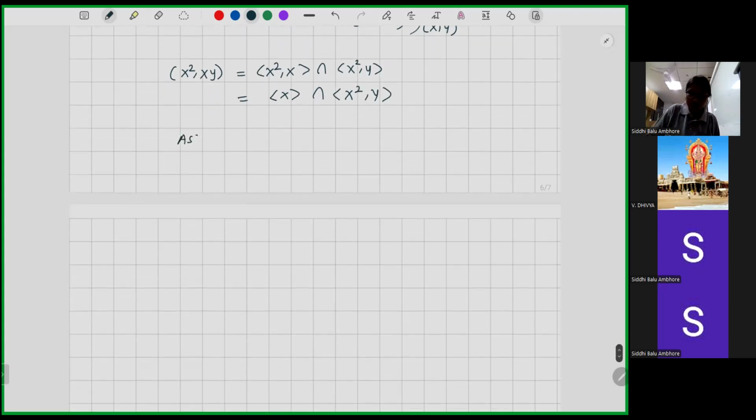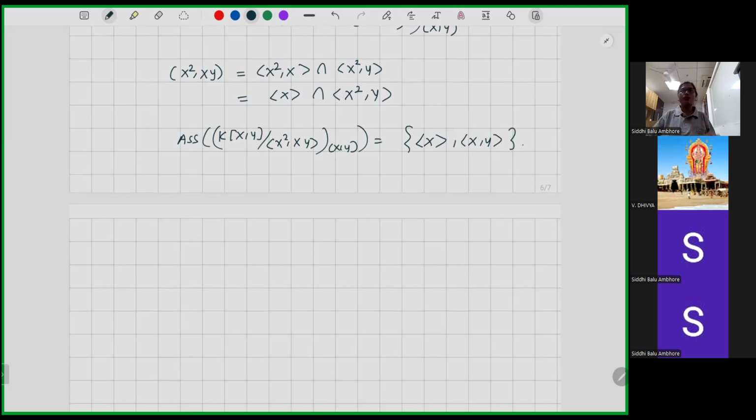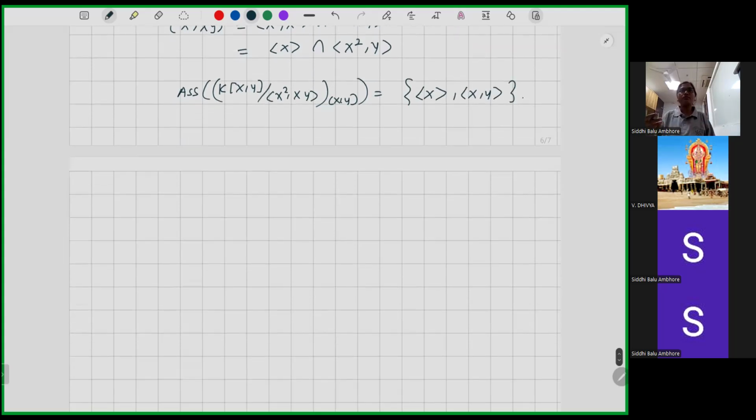So consider the associated primes of k[x, y] quotiented by (x square, xy), and we consider the localization as well. It doesn't matter, but yes, (x, y).